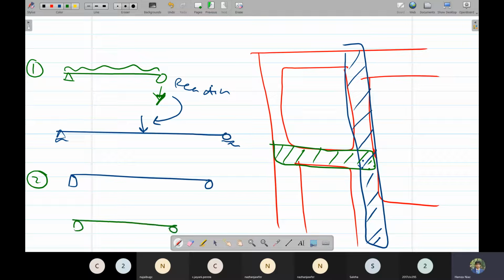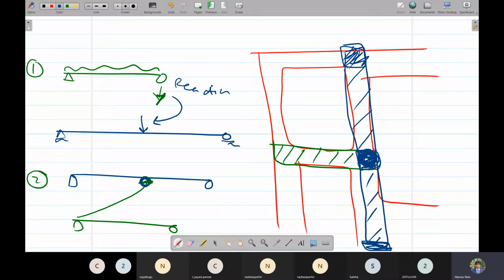The load which was present at this portion would act as a support here. So the blue beam would become a continuous beam with three different supports: one support this wall, the second support this middle portion, and the third support another wall. So it would become a continuous beam.